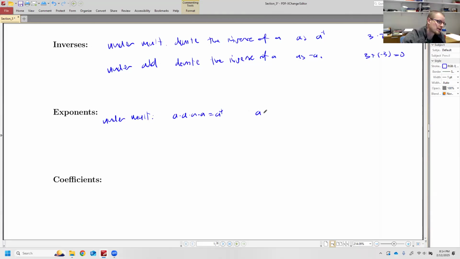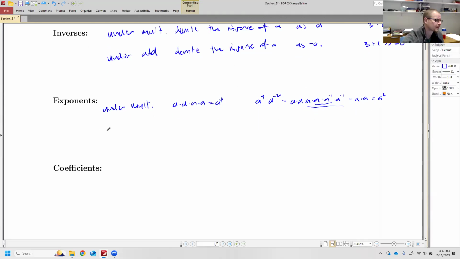If I wanted to talk about a to the 4th times a to the negative 2nd power, if I were to expand this out, it'd be a times a times a times a times a inverse times a inverse. And of course, these two would cancel out, and then these two would cancel out. So we're just left with a times a, which is a squared. So 4 minus 2 gives us 2. So we still have the same laws of exponents that we see under our usual notations for multiplication.